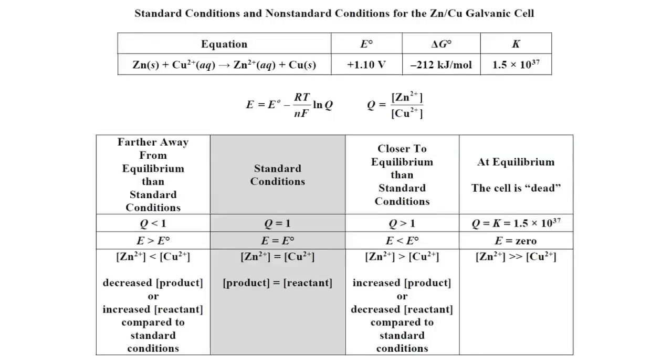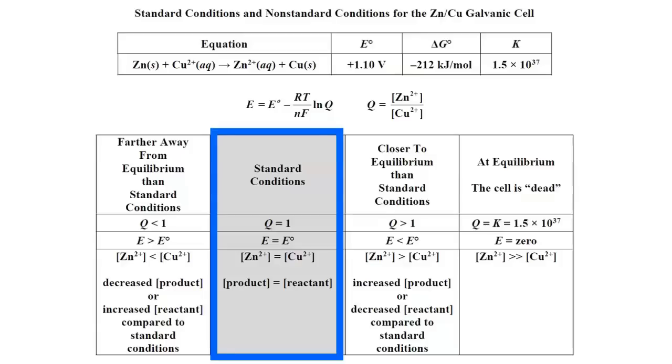All right, we've answered all the parts of this question, so now I'm going to take a look at that diagram that I had shown you earlier at the beginning of this topic. So in this diagram, we see several different situations, and standard conditions is highlighted in gray in this table, and I'm putting a little blue box around it. So what you see now would be when Q equals 1, we have standard conditions in which the cell potential is equal to the standard value.